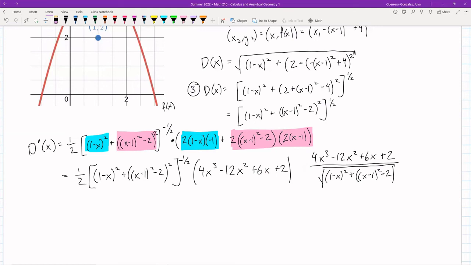Make this look a little nicer here. It's a little sloppy. 1/2 times that.